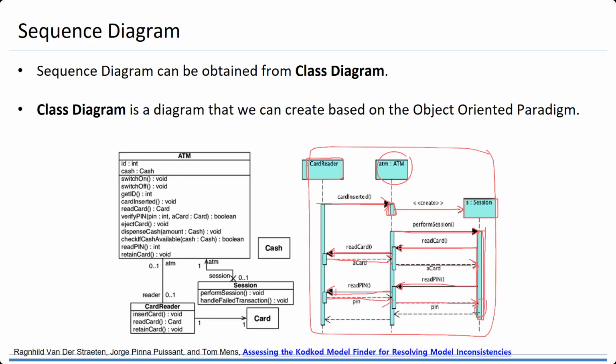If everything is correct, then a message is sent to the display that you can do the transaction. So this kind of sequence is the sequence diagram.